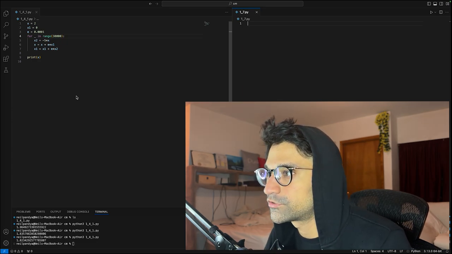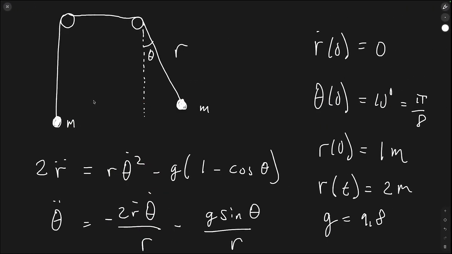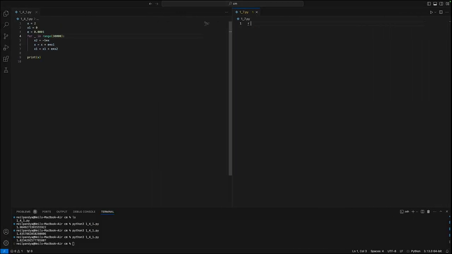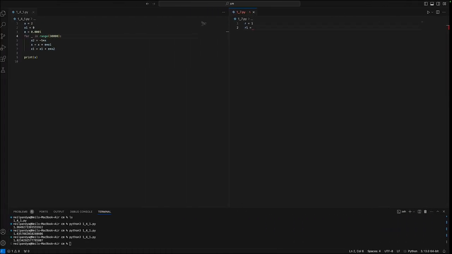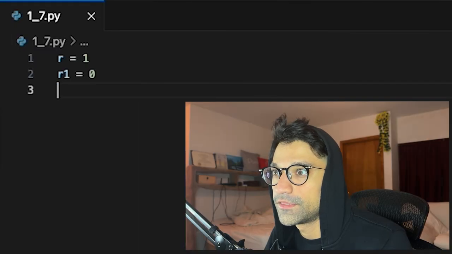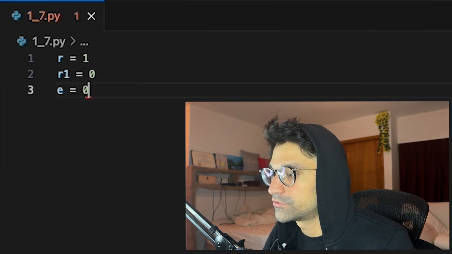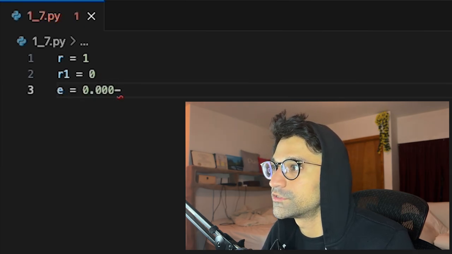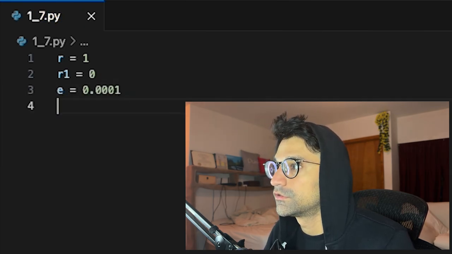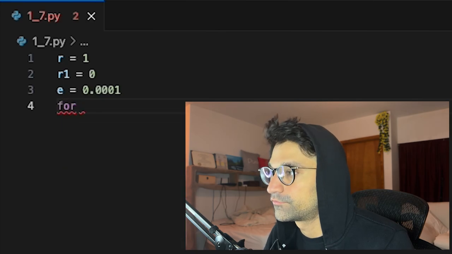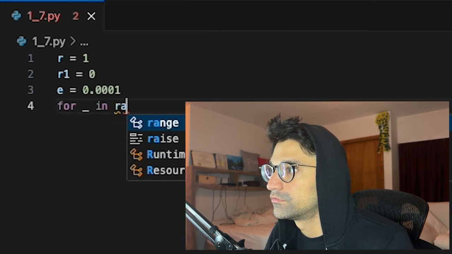Right, so we'll put our initial conditions in. So I'll say that r equals 1. And I'll say the first derivative of r is 0. And then I'll say e equals 0.001. That seemed to be a good number. And then for i in range, and we don't know.